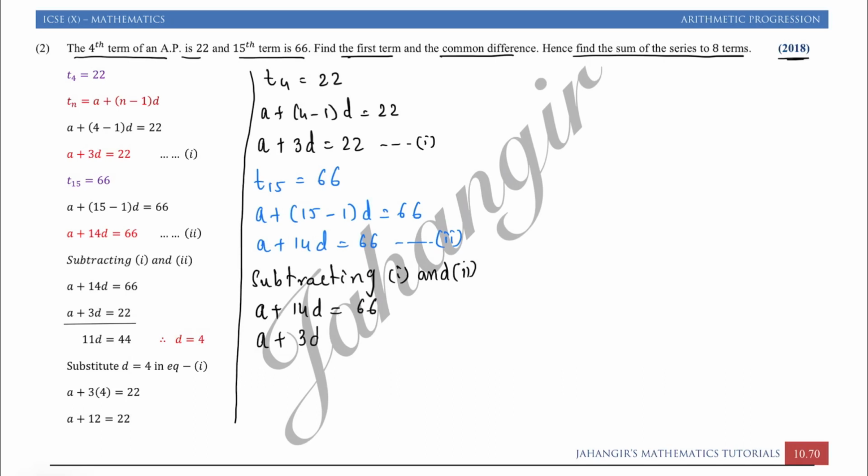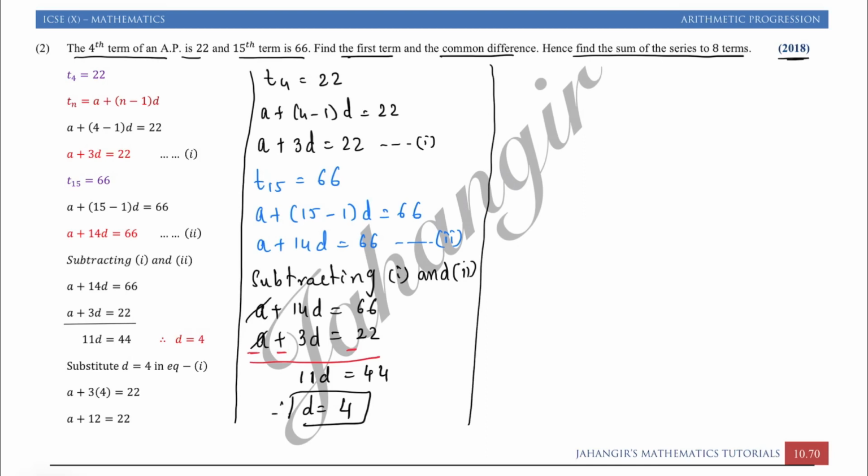A plus 3D is equal to 22. We are just subtracting. While subtracting, you have to change sign. A and A will get cancelled. 14 minus 3 is 11D is equal to 44. So therefore D is equal to 4. We get the value of D.